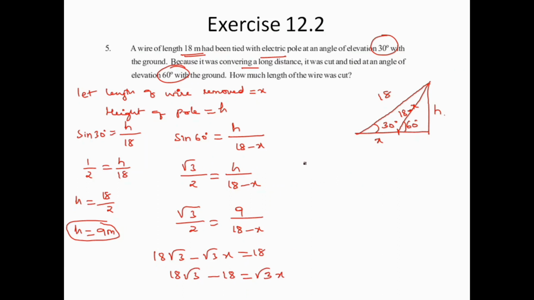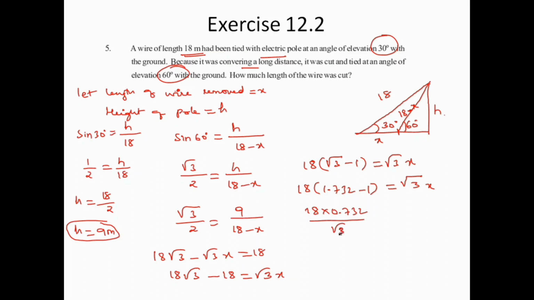Now I am taking 18 common and this is left out, right? So I'm substituting the value of root 3. This is equivalent to root 3 here also, right? So what do we have over here? I think I should be dividing by root 3 on the other side. So what I'll do is 18 into 0.732 by root 3.